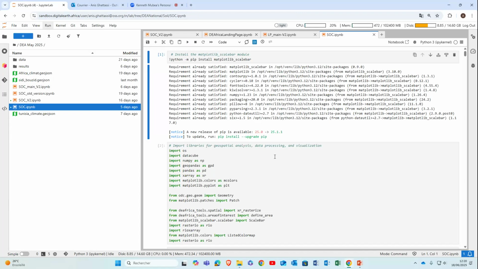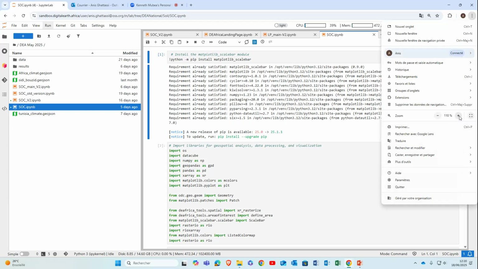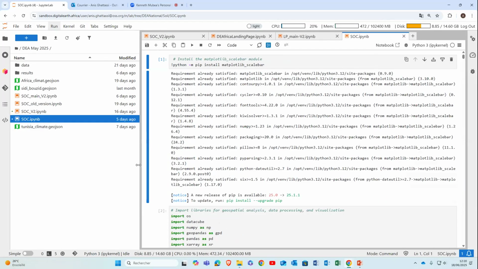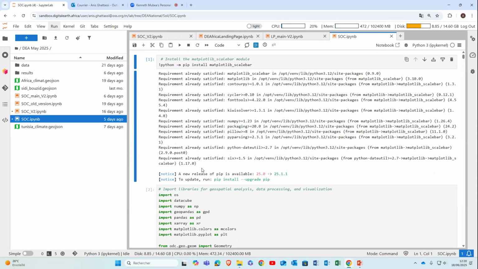Is this the notebook? Are you showing this notebook? Is it okay? Yes, I was seeing from the other one. Maybe you can zoom in a little bit to see. Okay, I will do. Is it okay from your end? It's okay. Thank you.